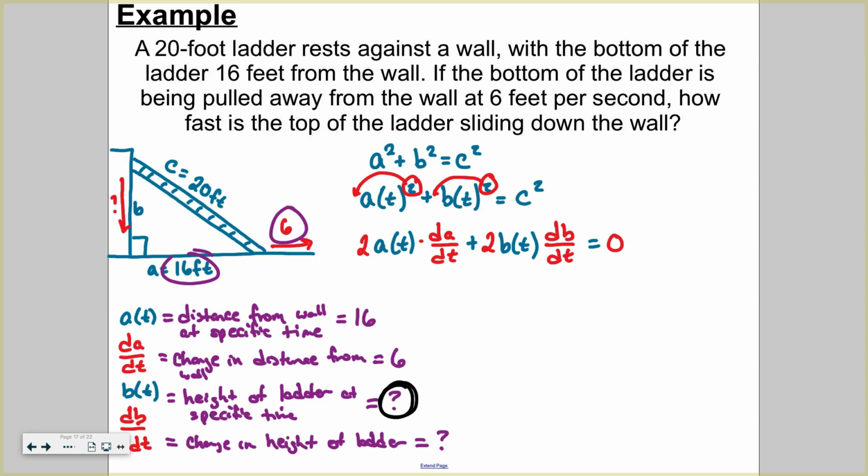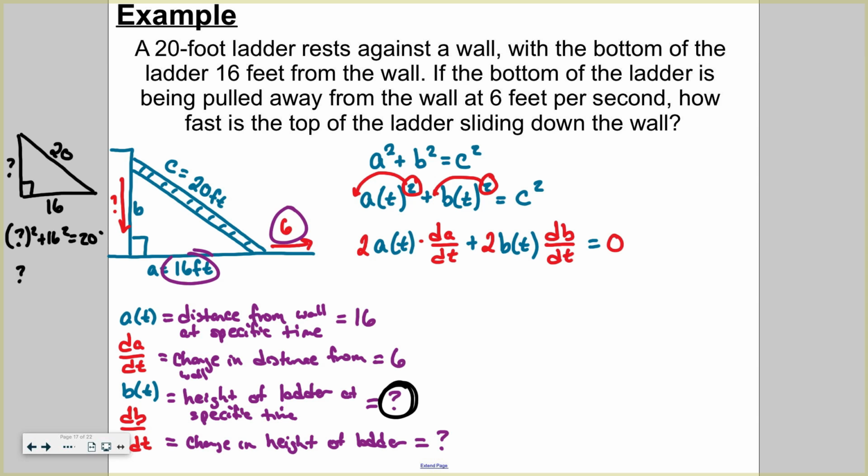Well, let's start off with our triangle. The two distances that we do know are that the ladder is 20 feet and the distance from the wall is 16 feet. We don't know the height of the ladder on the wall. But we do have a triangle here, which means we can use the Pythagorean theorem again to solve this problem. So we can do question mark squared plus 16 squared equals 20 squared.